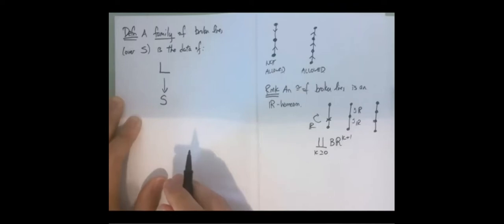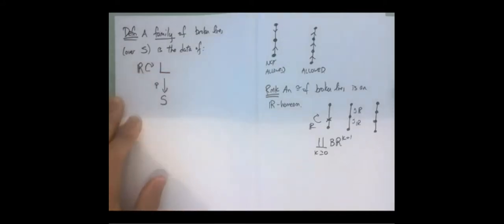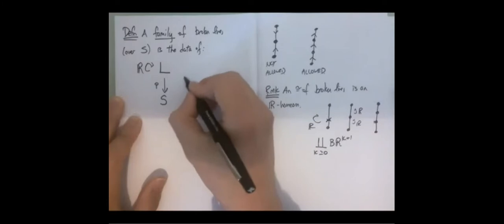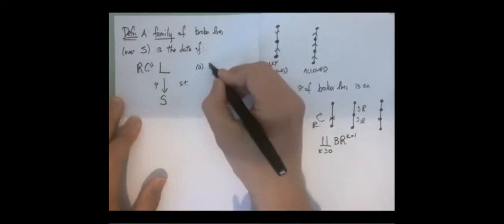No, it looks good to me. Perfect. So it's the data of a space capital L mapping down to S, and I'm going to demand that L is an R-space. The previous case is when S equals a point. That's what a broken line is. Such that, first, the R action is fiberwise.